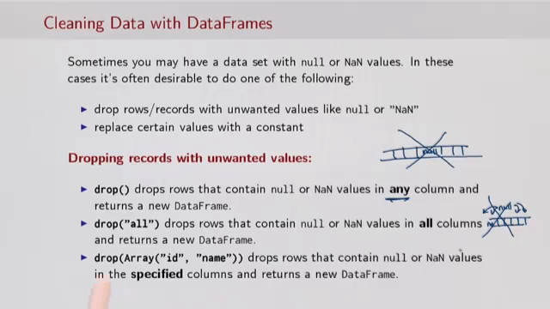And finally, there's another variant of drop that we can pass an array to, which contains column names, and this means that we only drop records that contain null or NaN values in these columns. So that means we only drop rows, for example, if the ID or the name has a null value, but we don't care about other columns with null or NaN values.